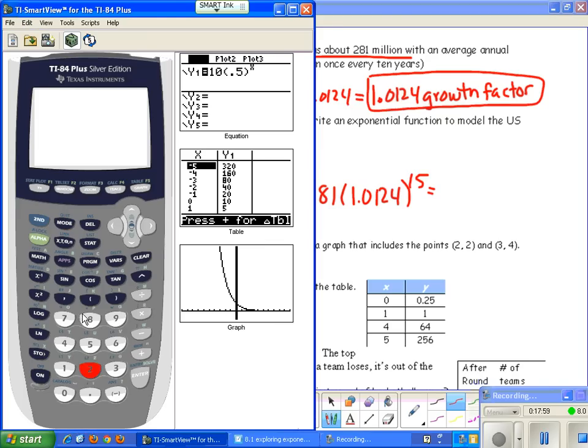So I have 281 times 1.0124 to the 15th power. And be careful that you put parentheses in the correct places, otherwise you might end up with something that's not correct. So enter. And we end up with about, oops, I think I missed a one in there.